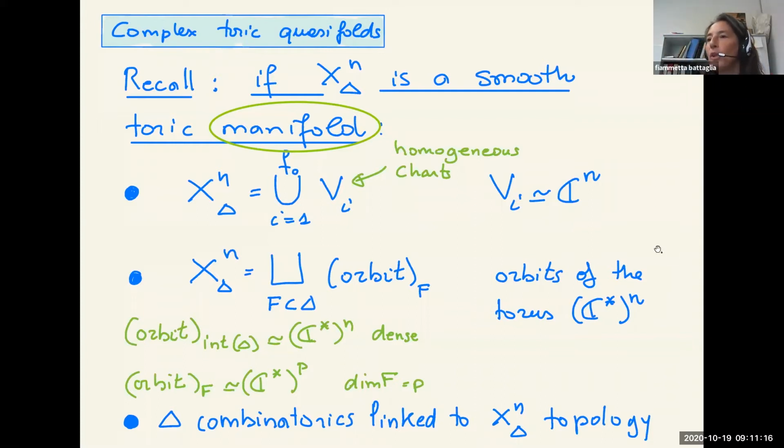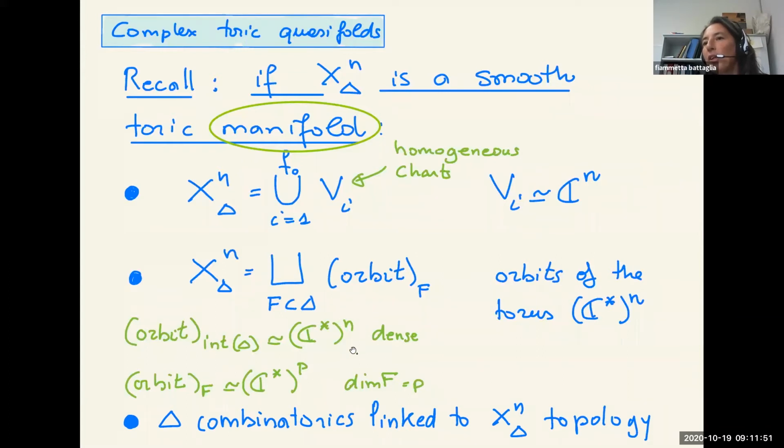And also the toric manifold is the disjoint union of orbits of the torus (C*)^n. We have a dense open orbit that corresponds to the interior of the polytope, and other smaller orbits that correspond to the polytope faces. Each orbit corresponds to a polytope face.